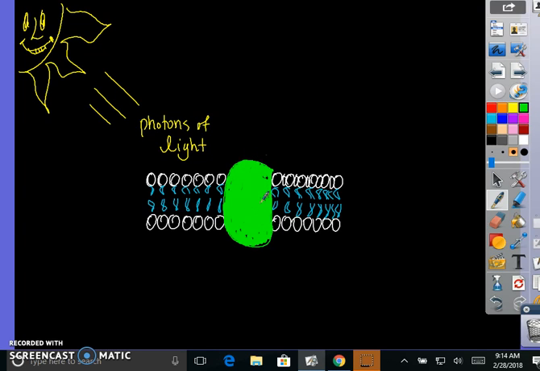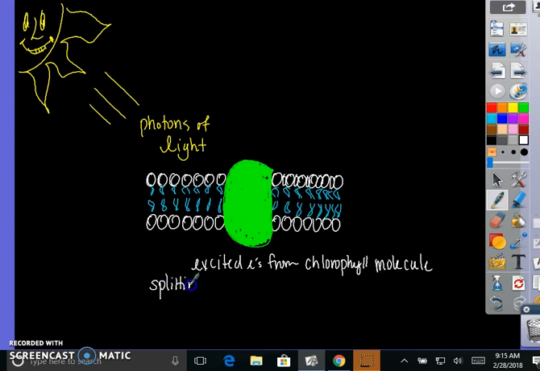We've got these wonderful photons that are striking the surface of the membrane, and they are causing electrons to be excited. So I'm going to write down excited electrons from the chlorophyll molecule. They are doing two things. Number one, they are splitting water. And number two, they are generating ATP.